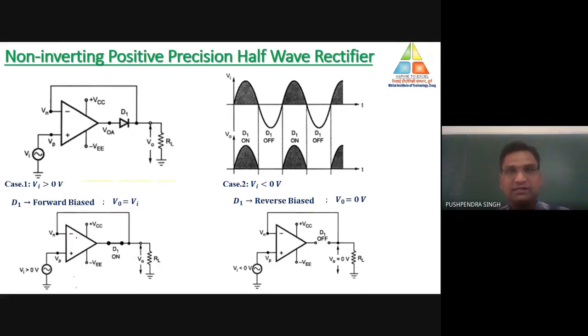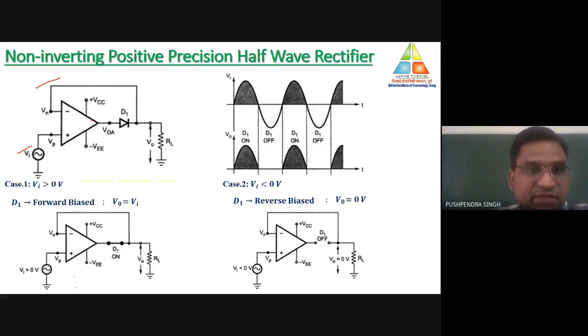One is the precision half wave rectifier circuit with the help of the non-inverting terminal of the op-amp, and the second is the precision half wave rectifier with the help of the inverting terminal. So positive and negative. Here you can see the circuit diagram of the non-inverting precision half wave rectifier. At the positive terminal of the op-amp, the supply voltage Vin is supplied.